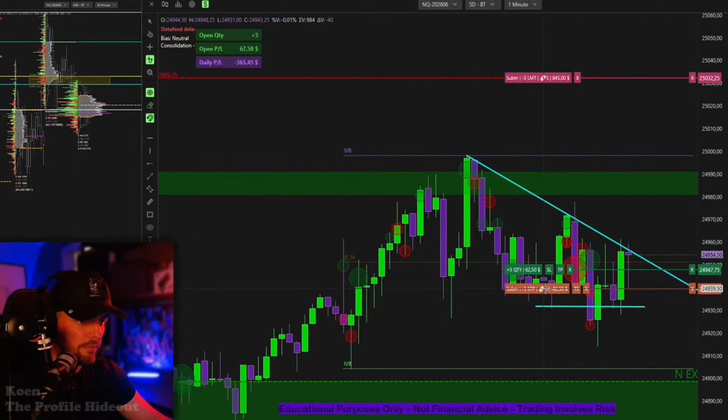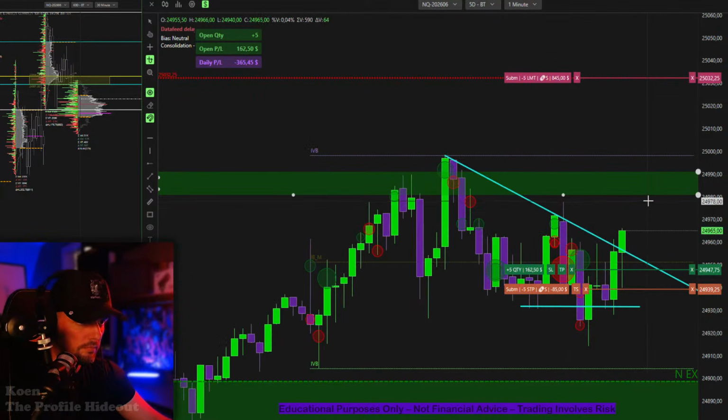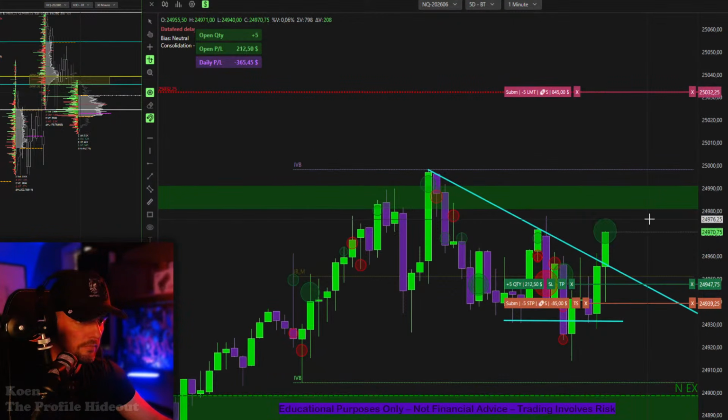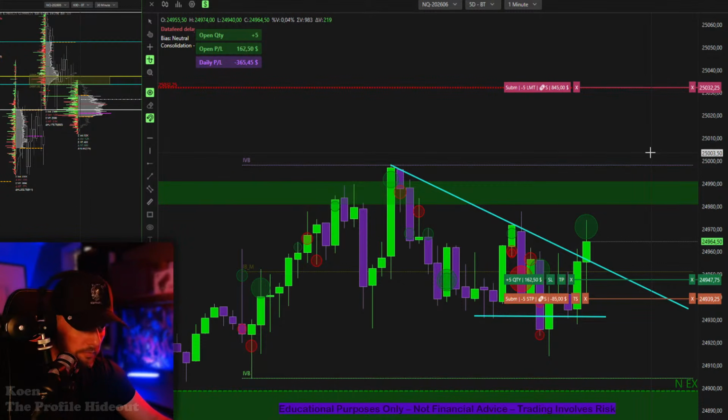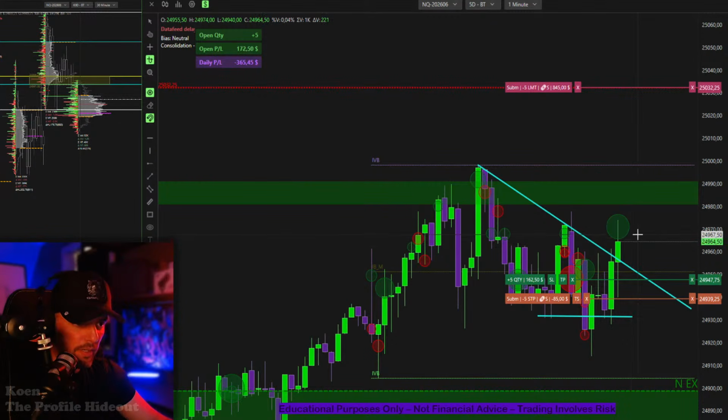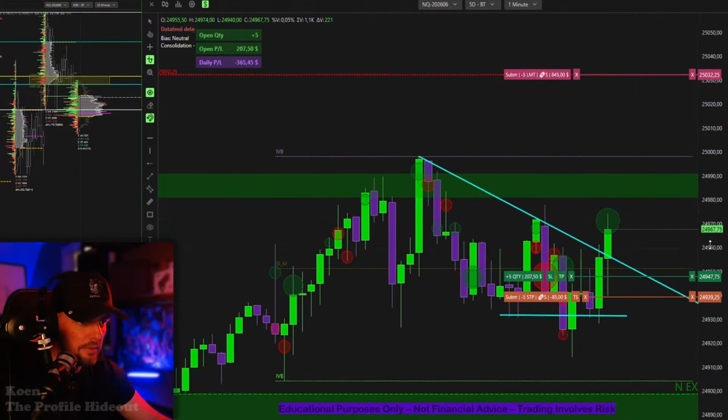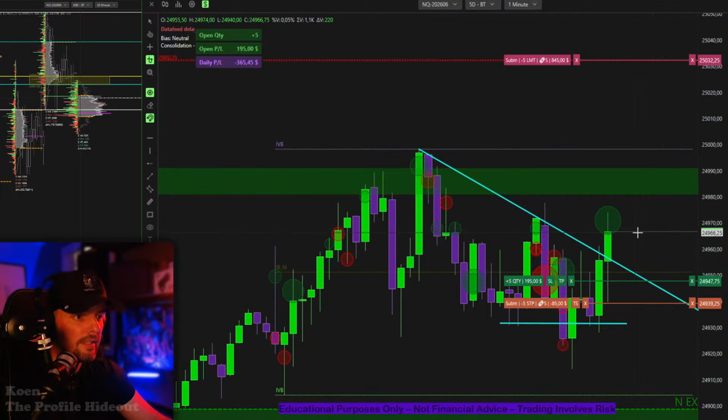Can we break the probe? This could be punching a wall very quick too. Kind of want to see the continuation, obviously, from the green bubbles.